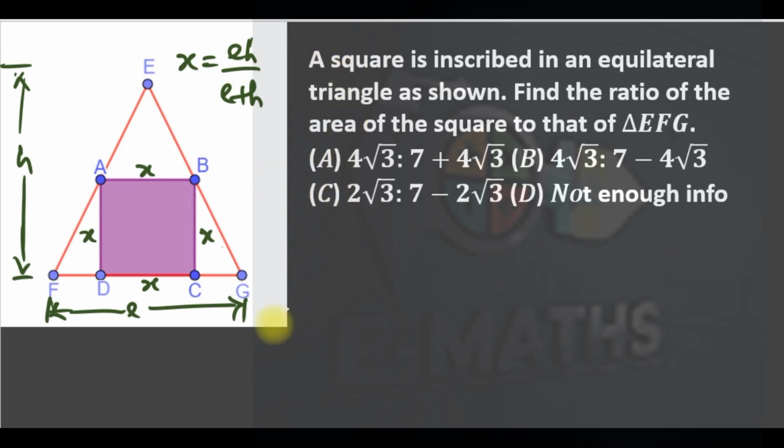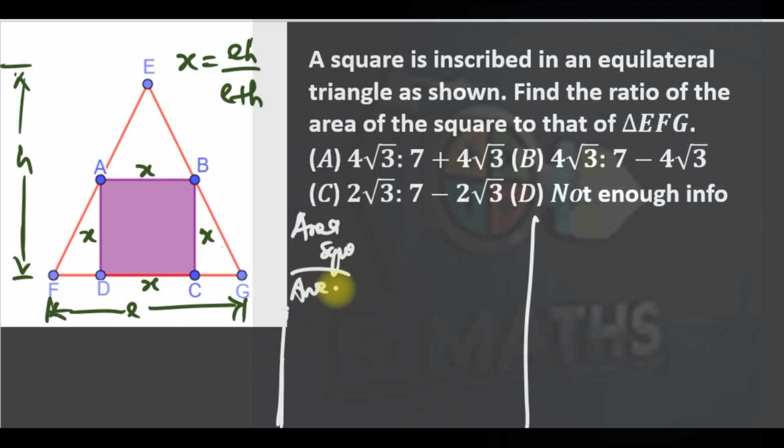Since we are asked to find the ratio of the area of the square to that of the triangle, we now have the area of the square over the area of the triangle. We know that the area of a square is length squared, that is x squared.